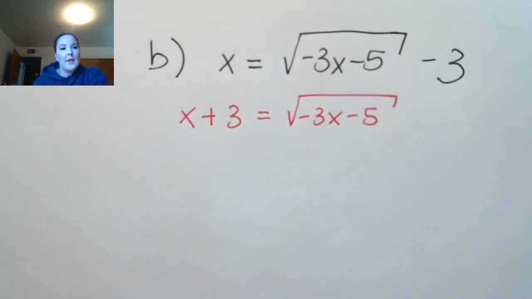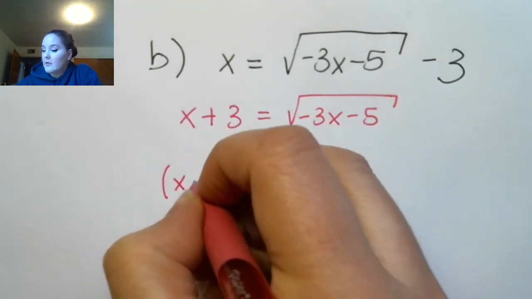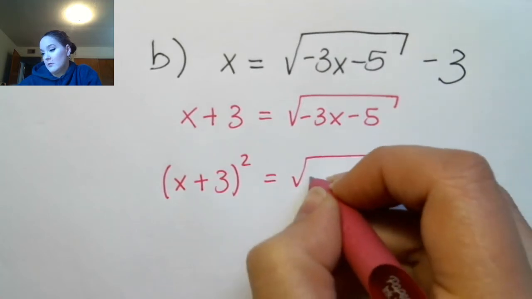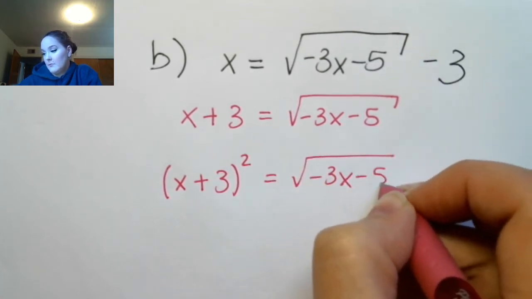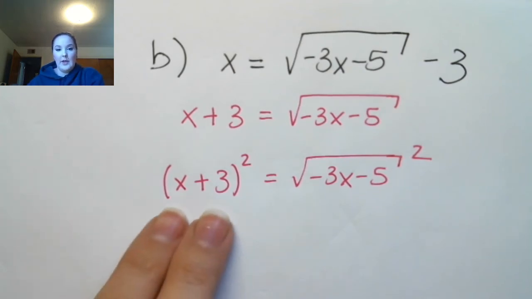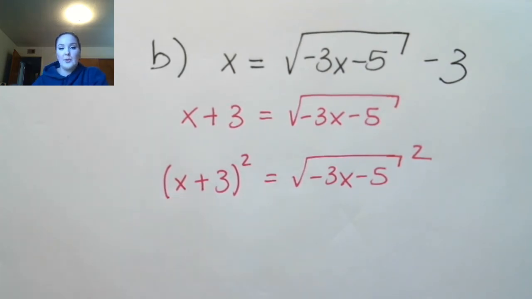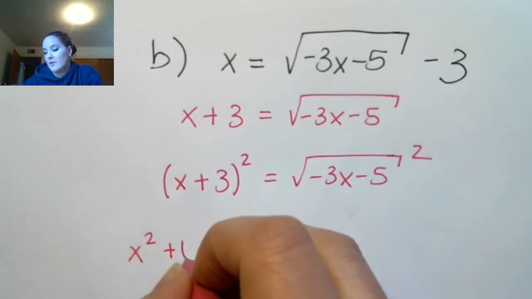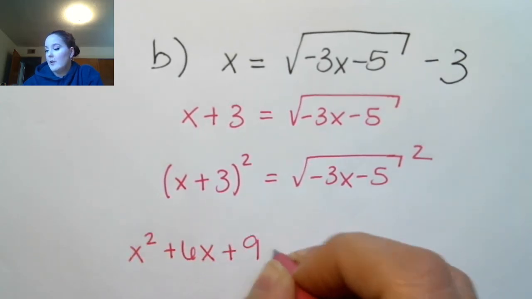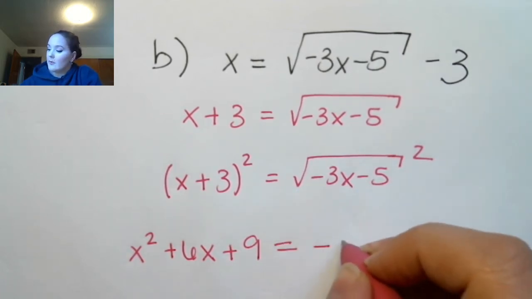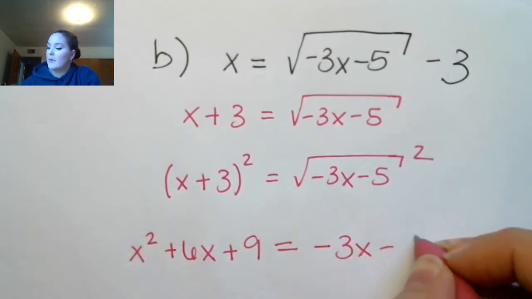Now that I have my square root isolated, I'm going to square both sides. When I square this, remember I'm doing x plus 3 times x plus 3. I should get x squared plus 6x plus 9. And over here, the square root and the square will cancel, and I'll get the radicand, negative 3x minus 5.